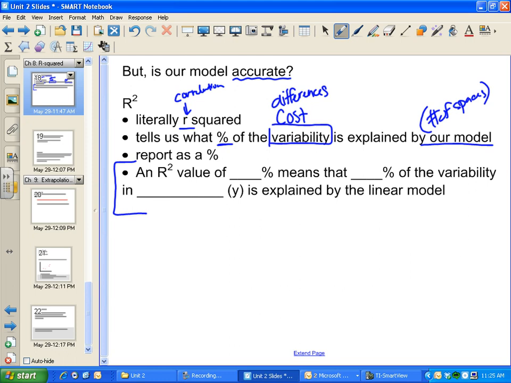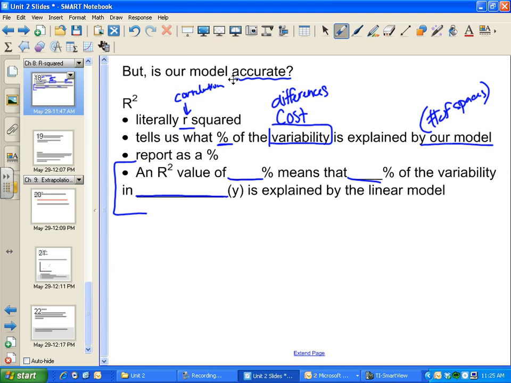So I call this a no-bake cookie recipe because if you follow this recipe, you cannot fail in your explanation of R-squared. An R-squared value of fill-in-the-blank percent means that fill-in-the-blank percent of the variability in, fill in your y variable, is explained by the linear model. Follow that, you cannot fail.